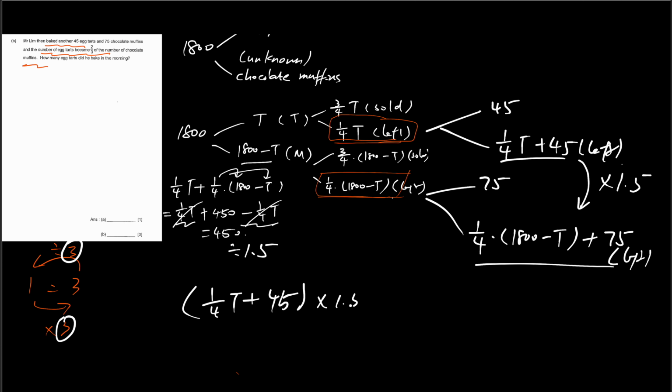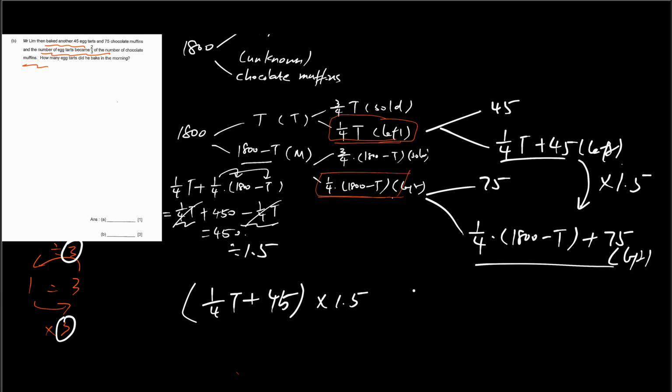Because 1/4 T plus 45 must be done first before it is multiplied by 1.5. Correct. If you have the bracket, your 1.5 will times the 1/4 T plus 45. If you don't have the bracket, your 1.5 only times the 45. That's not what you want, so you need a bracket.